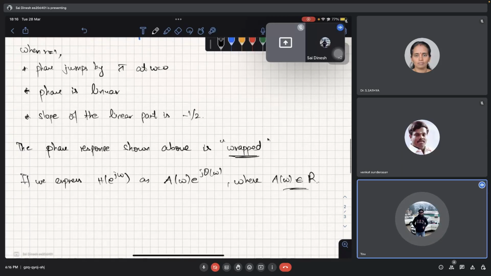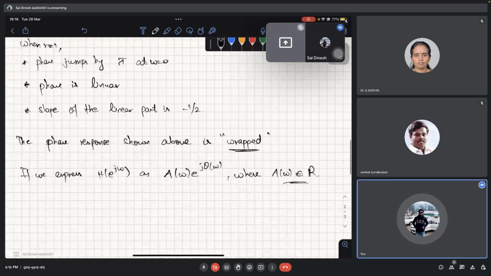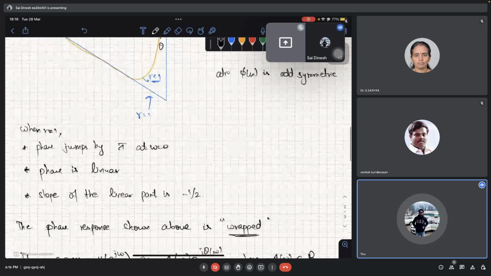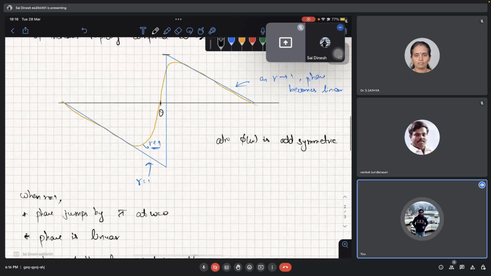So in that case, a 0 on the unit circle causes a sign change in A(ω) and then avoids the discontinuous jump of pi. I mean, here we see that there is a discontinuous jump of pi, right?